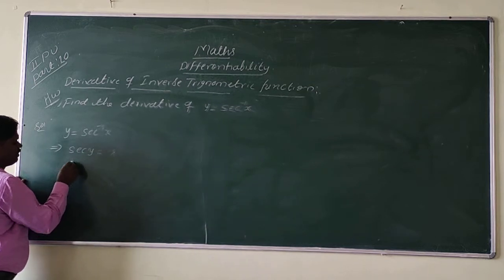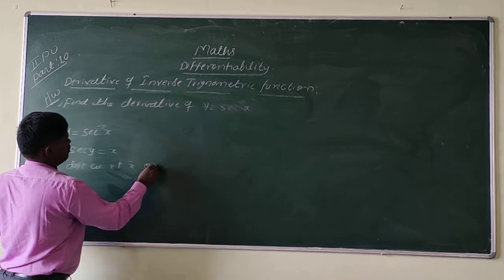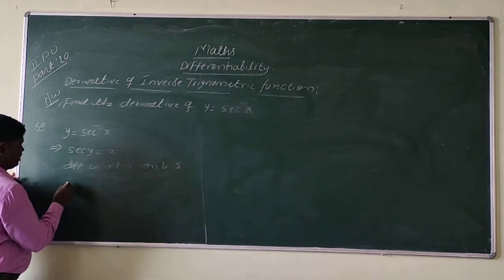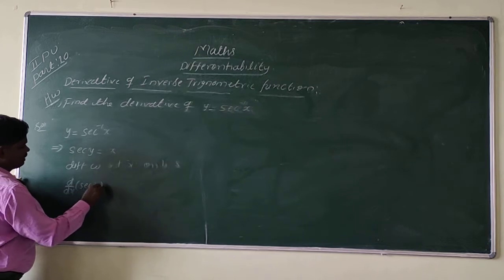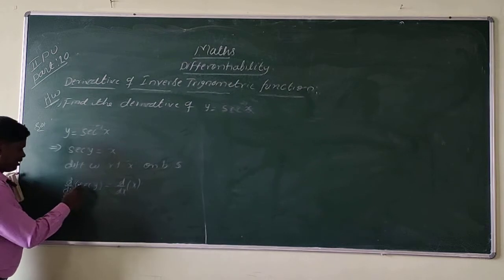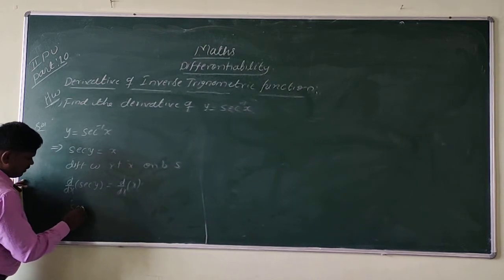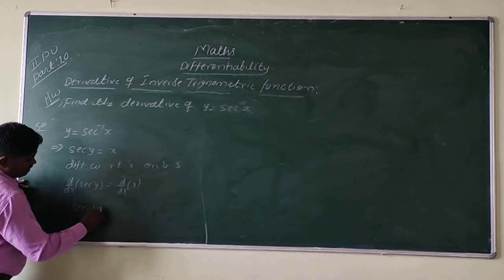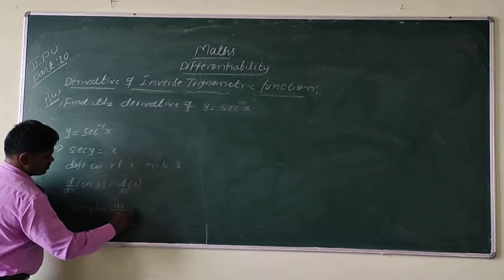Now differentiate with respect to x on both sides. So d by dx of secant y is equal to d by dx of x. The derivative of secant y is secant y into tan y into dy by dx, which is equal to 1.